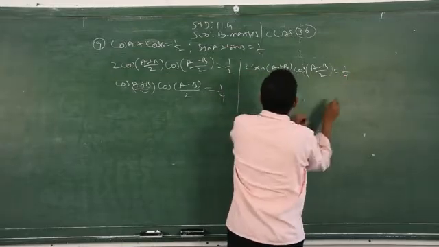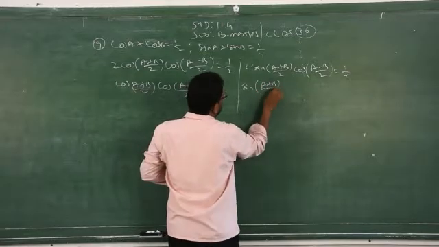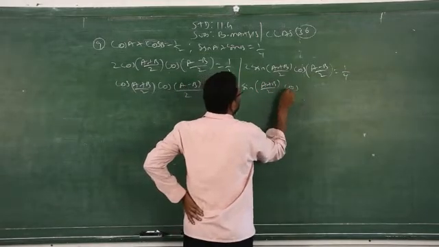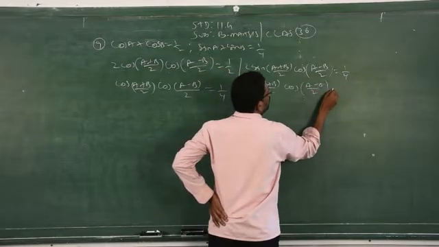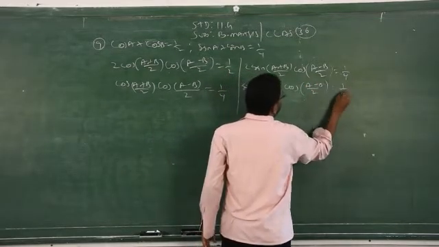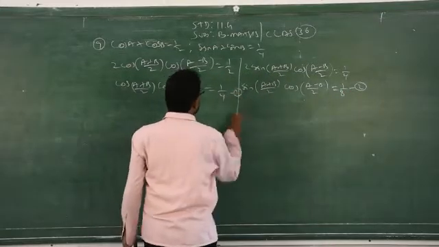When you transfer to the right hand side, it becomes sin (A plus B) by 2 cos (A minus B) by 2 is equal to 1 by 8. This is equation number 2 and this is equation number 1.